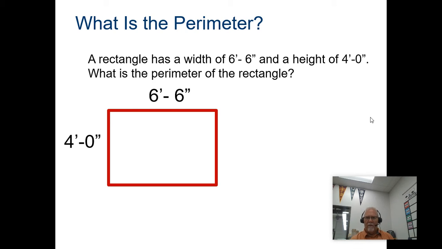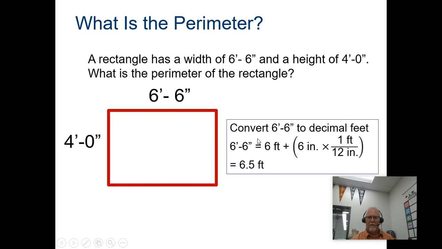So now if we take a rectangle like you see, this one is 6 feet 6 inches wide and a height of 4 feet 0 inches. What is the perimeter? Now, it's hard to add these together in a real simple way, so we need to put to practice something that we've been learning about, and that's converting architectural units to decimal feet.